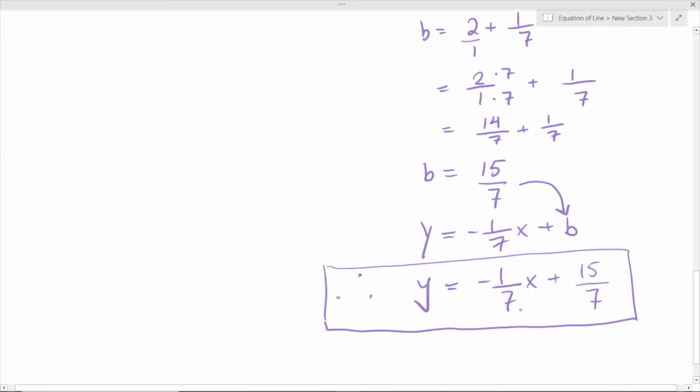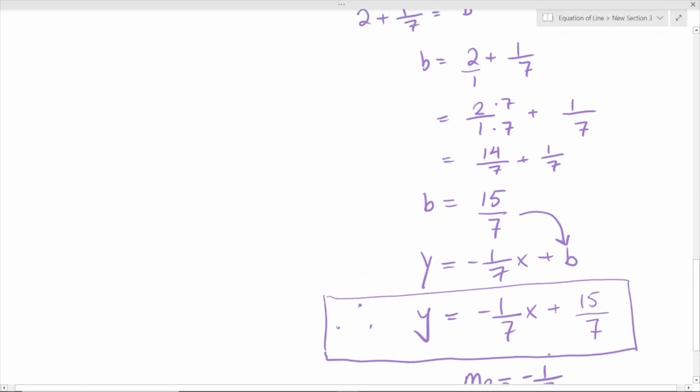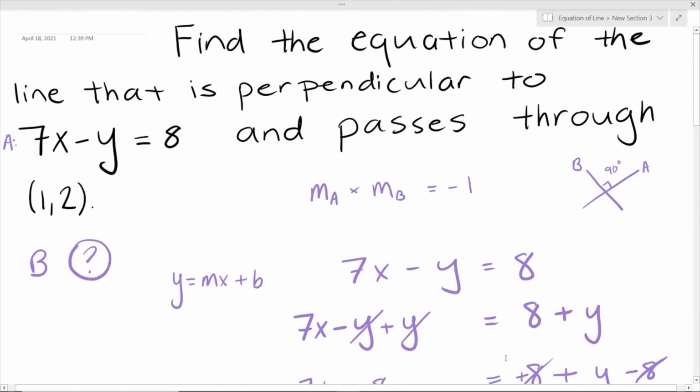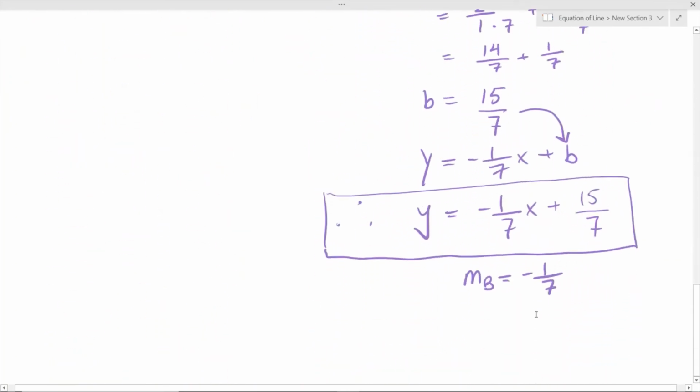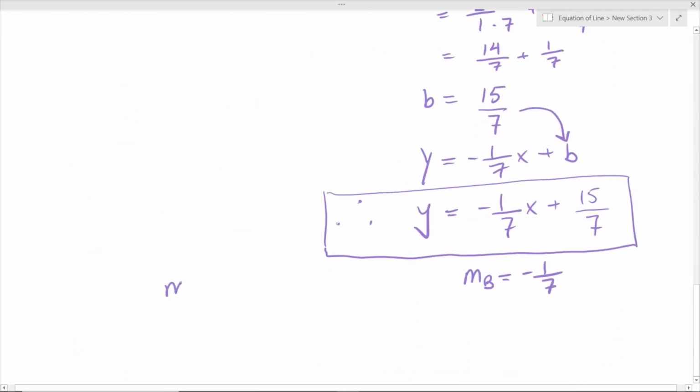I would also like to point out that you see this equation here, the slope of line B is equal to -1 over 7, right? And the slope for line A, what was the slope for line A? Well, we found it to be 7, right? So I'm just going to write them side by side so you can see something. So this is the slope for line A, this is the slope for line B, right? And you know if you multiply them together you get -1, right?